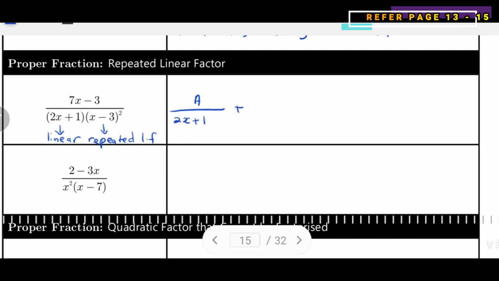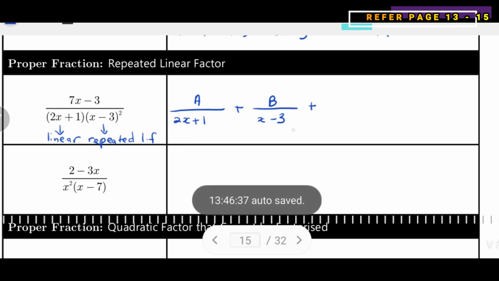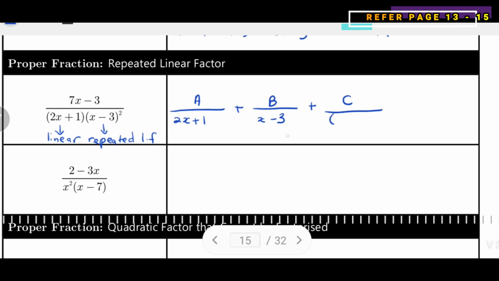But for a repeated linear factor, if you look here, the linear is repeated twice. So for the first fraction, we're going to have a constant over the linear. And the second fraction is another constant over the linear which is repeated twice.